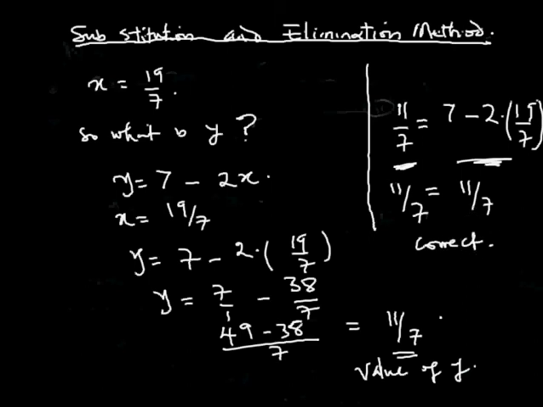To further prove this, we can also put the values of x and y into the original equation. If the right hand side gives the value of the left hand side, that means what we have done is correct. So this is the substitution method. Now we are going to deal with the second method, which is the elimination method, in the next lesson.